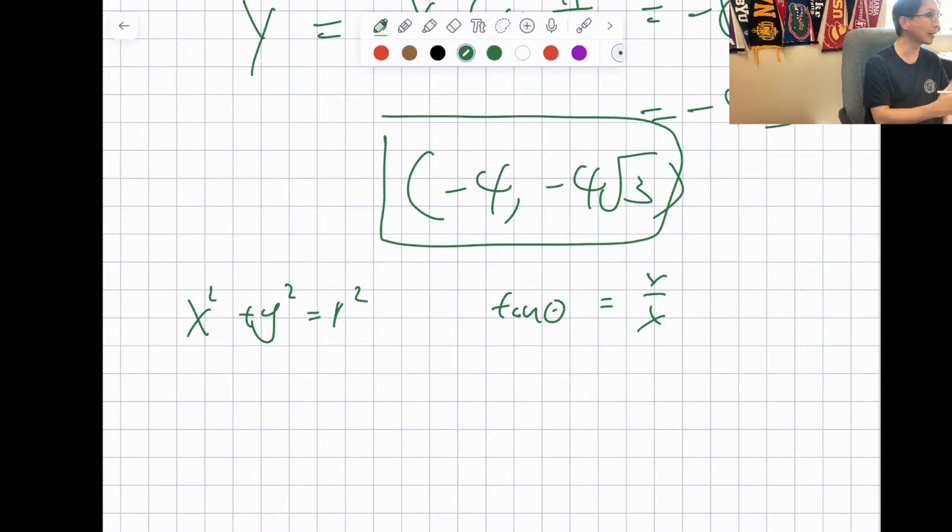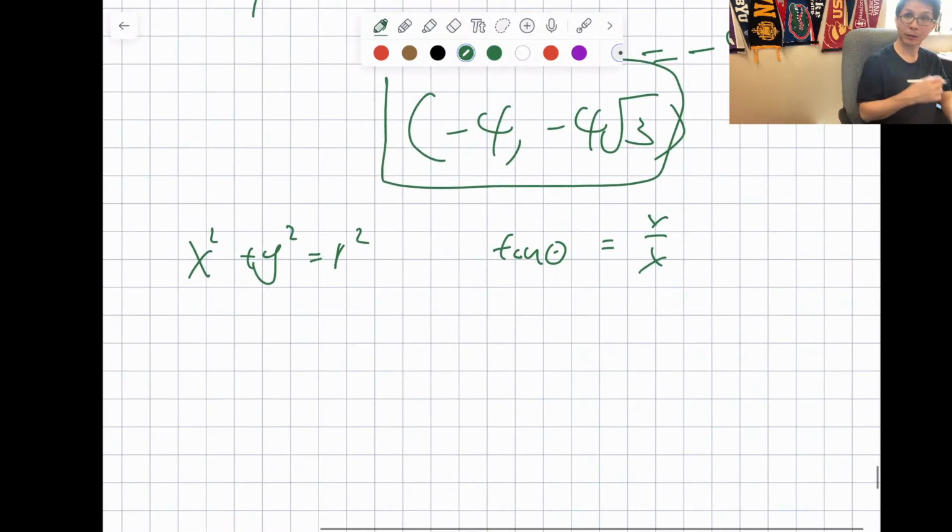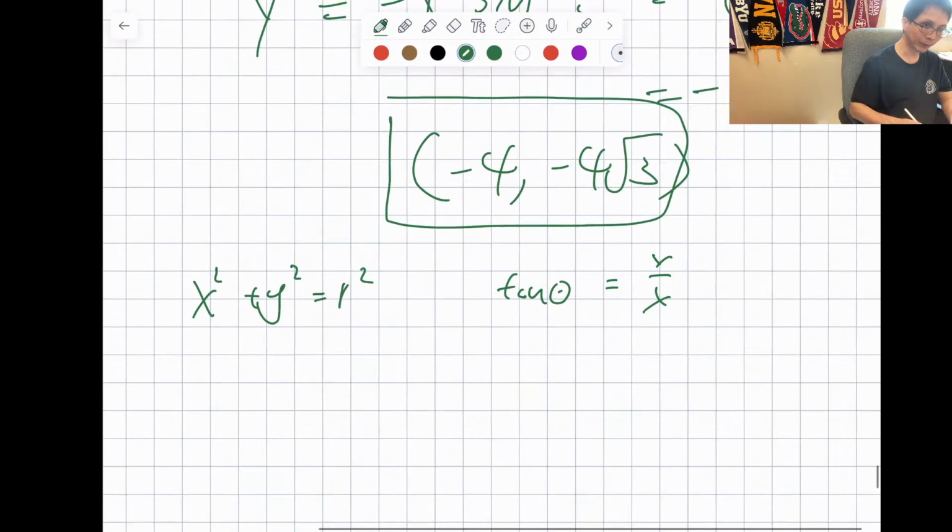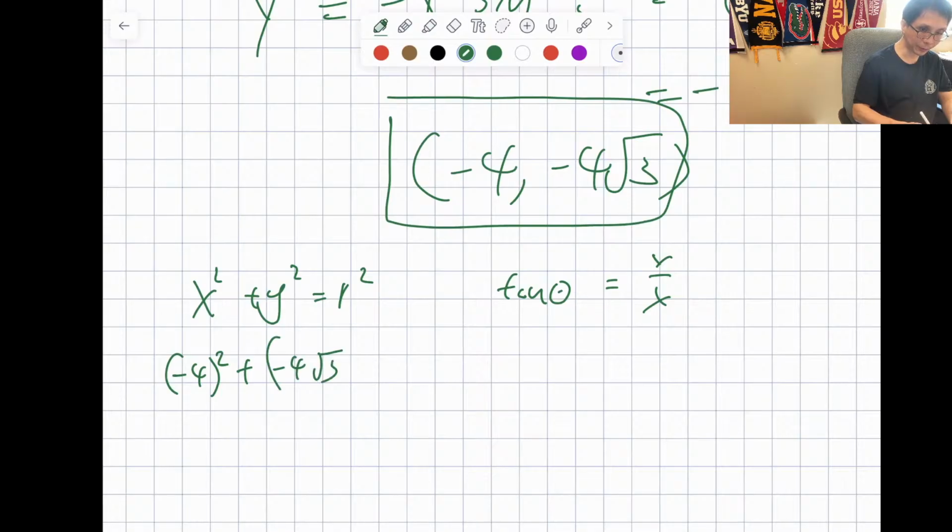It's not like (2, 3), where there's only one representation. With polar you can have an infinite amount of representations. So this is x. I can square this plus the y, negative 4 square root 3 squared, equal to r squared, right?